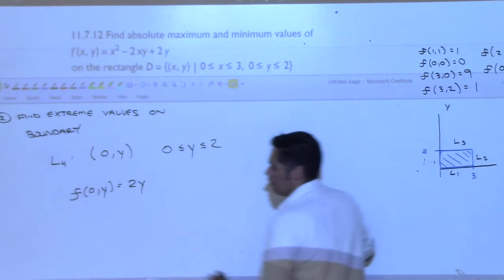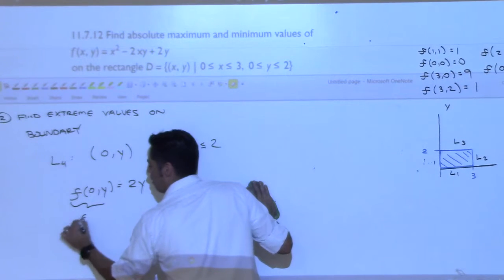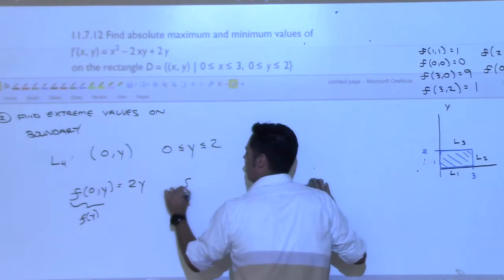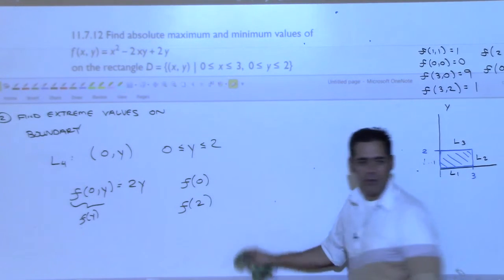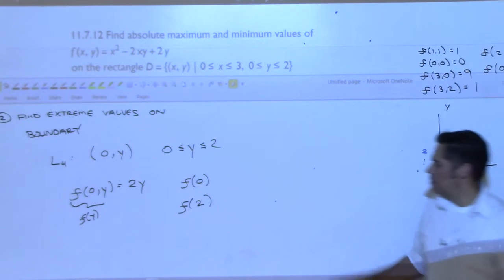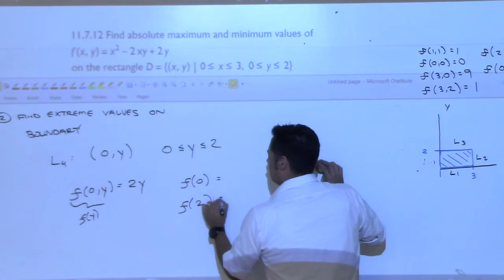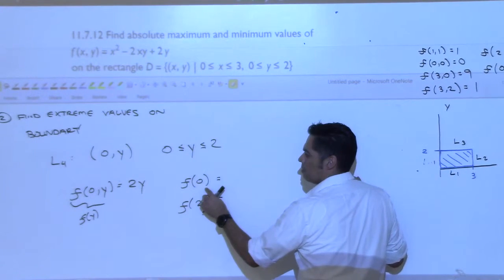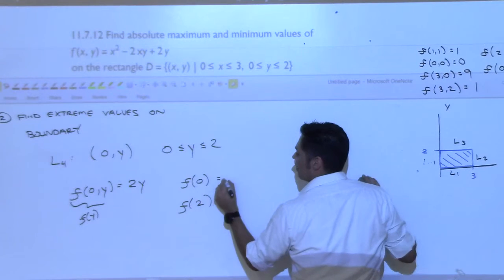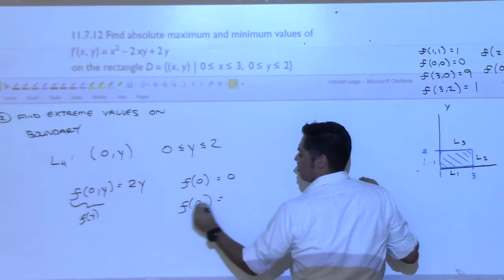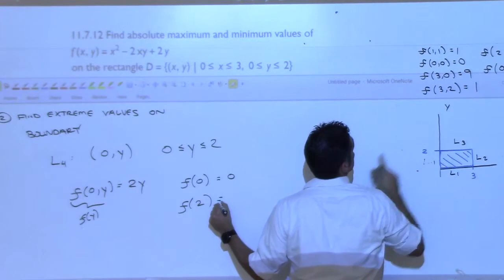That's a line, right? So I'm going to call this a function of y. So all I want to do is plug in my 2 endpoints into that. You understand I'm not doing the derivative because it's a line. So now, plug. 0, 0, already 0? Didn't we find that in the previous? Oh, we did that earlier, yes. 0, 2, did we do that earlier? We did 2, 0.